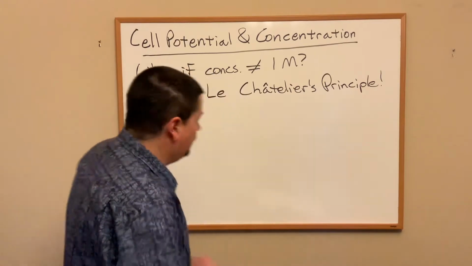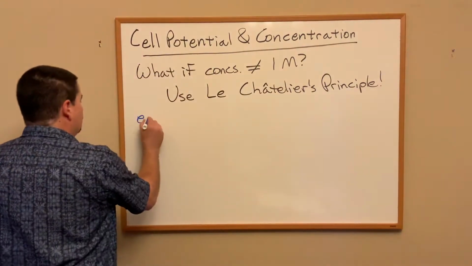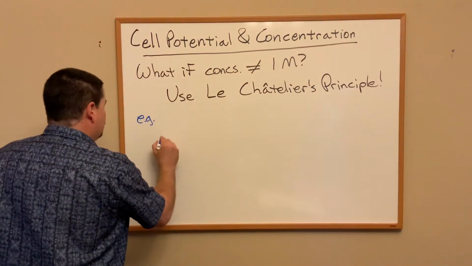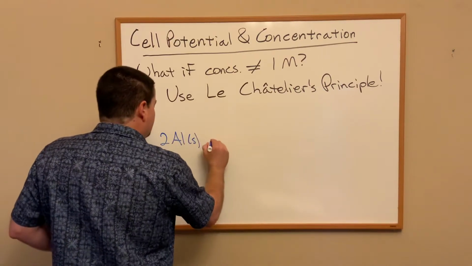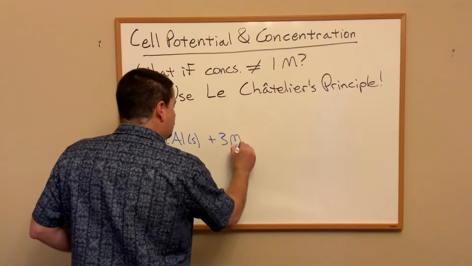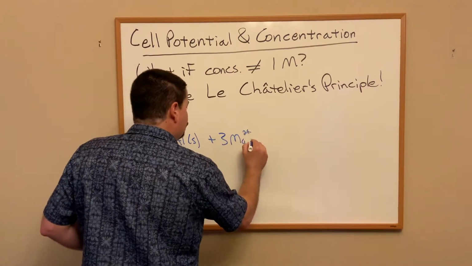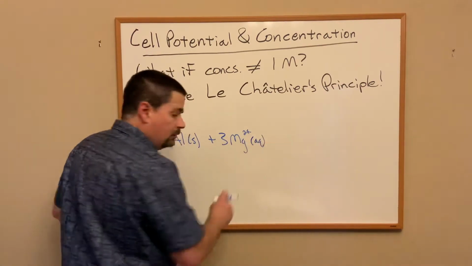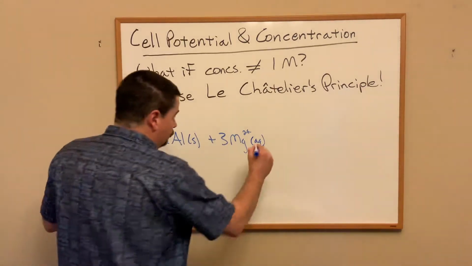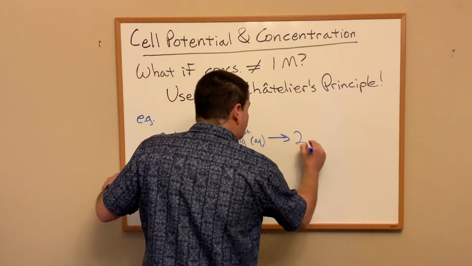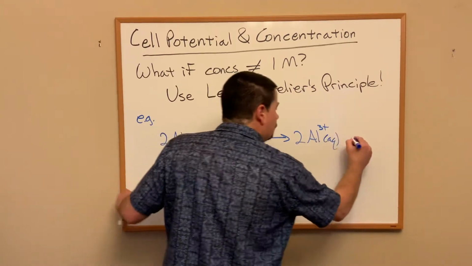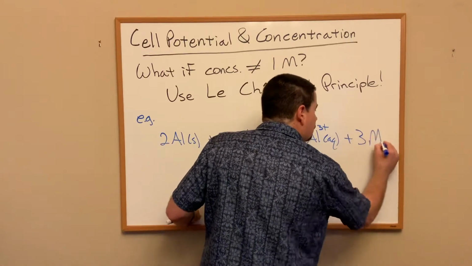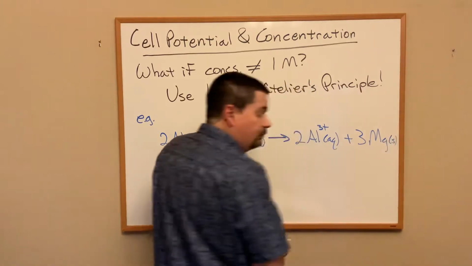So let's say we had 2 aluminum solid plus 3 Mg2 plus, and that's going to go to 2 Al3 plus aqueous plus 3 Mg solid.